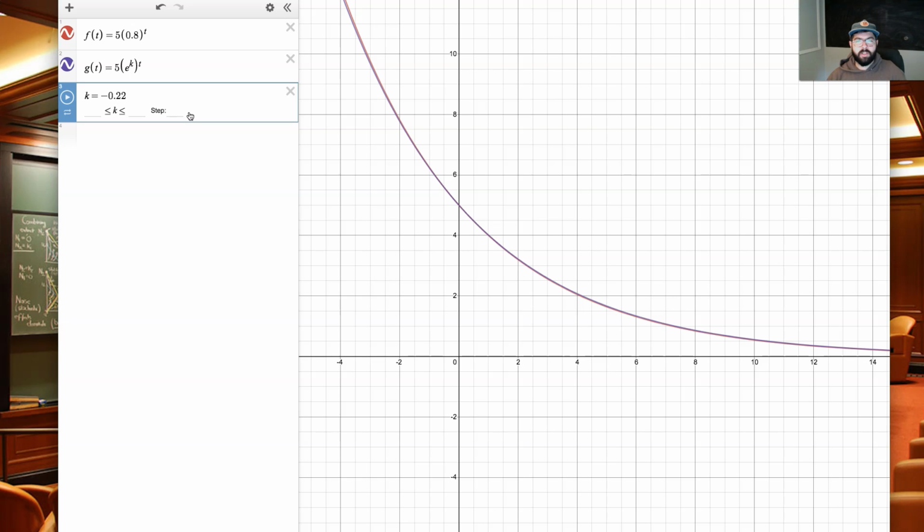And so just like we'd expect there to be a difference between the continuous growth rate and the annual growth rate, here it's just the flip where it needs to compensate a little bit more for that decay. So it's around 0.22 in the negative compared to a 20% decay rate here. So this is something that you can play around with, and again I'll link this calculator in the video notes.